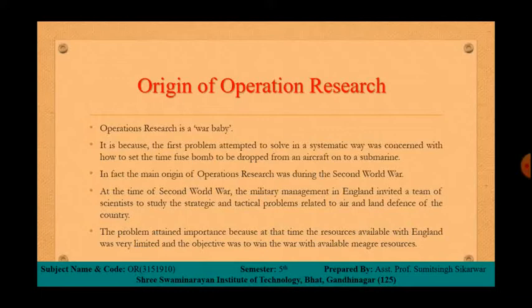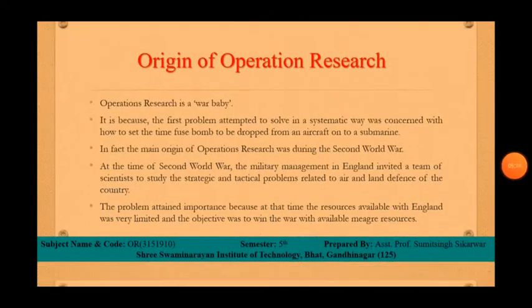Some Indian industries which use operation research for problem solving are Delhi Cloth Mills, Indian Railways, Indian Airlines, Hindustan Unilever, Tata Iron and Steel Company, Fertilizers Corporation of India, and defense organizations. Now, in one word, we can say that operation research plays a vital role in every organization, especially in the decision making process.